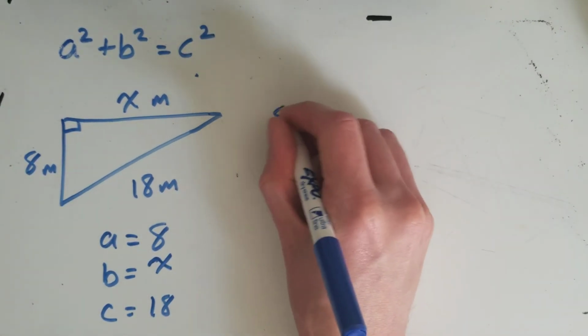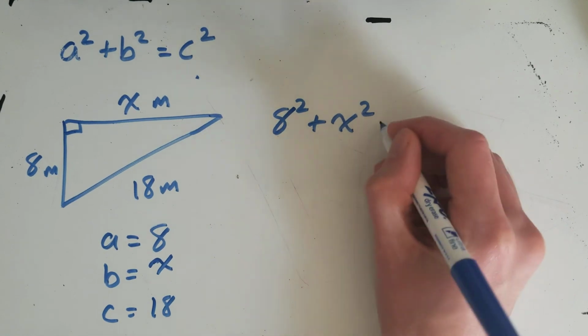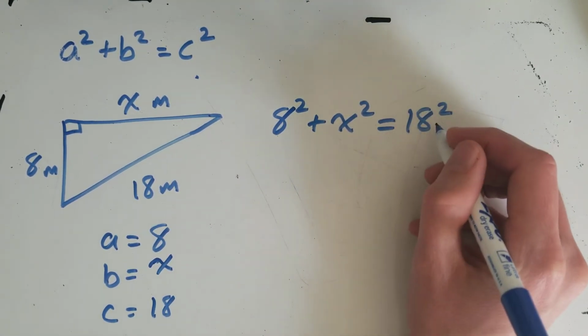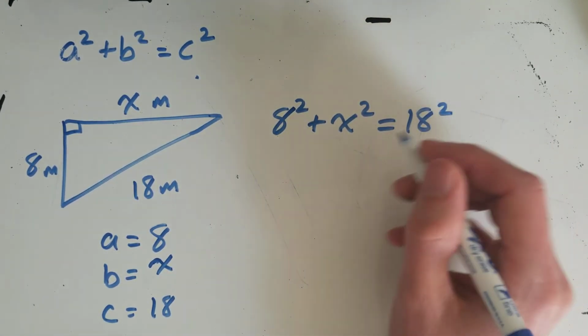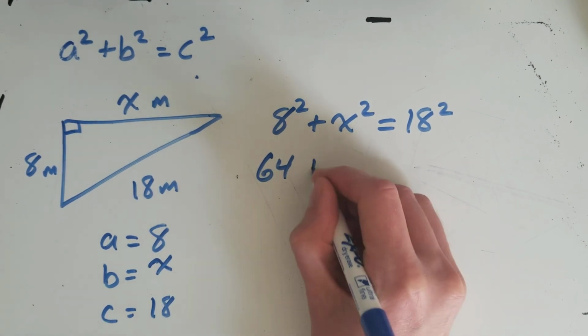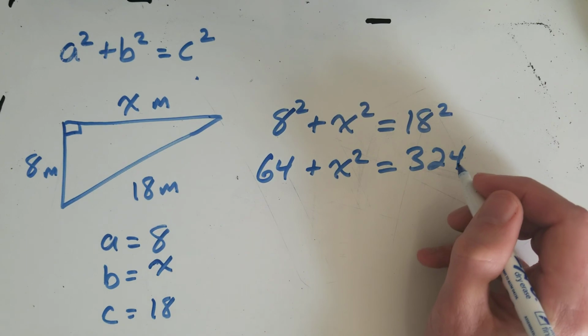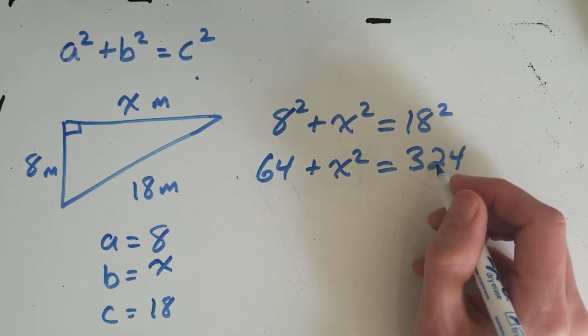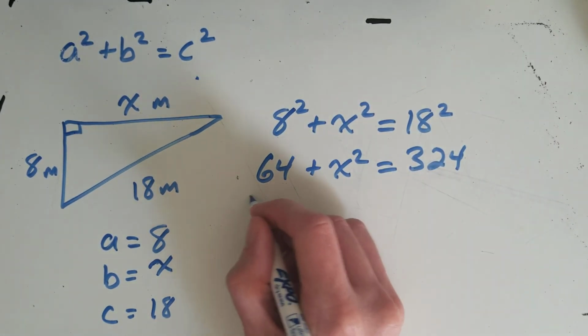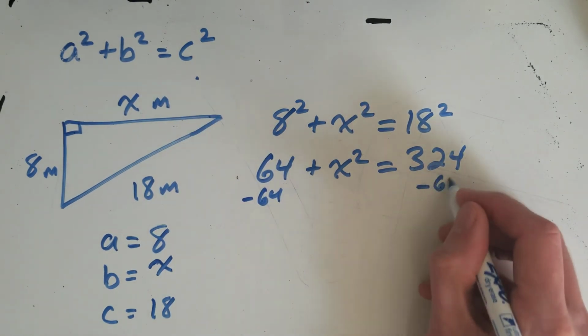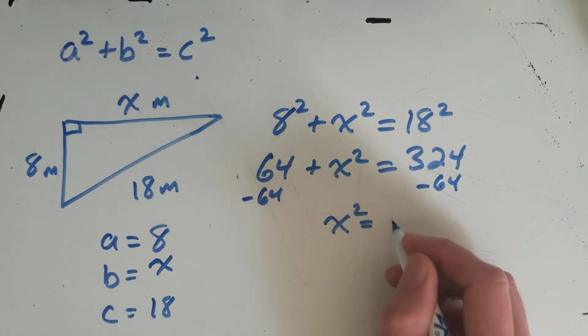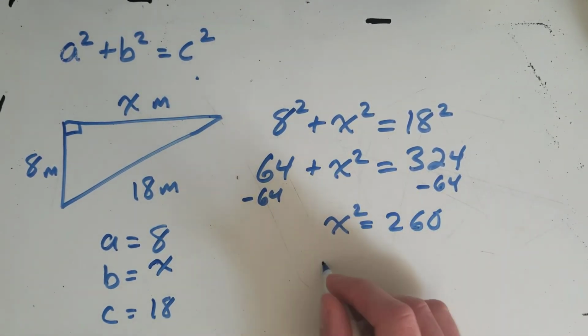So if we plug in 8 squared plus x squared equals 18 squared, so when we calculate, should get 64 plus x squared equals 324. Now we're just trying to isolate x, so subtract your 64 from both sides, and x squared should equal 260.